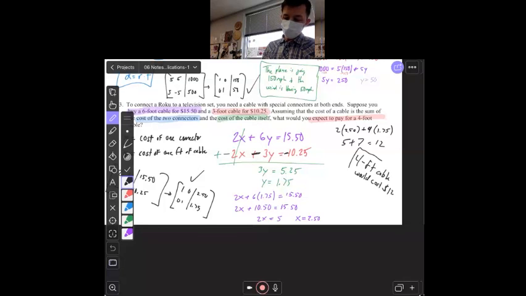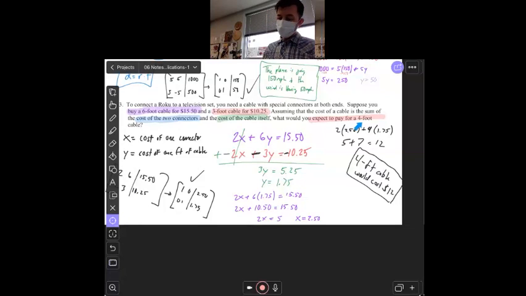A 4-foot cable should cost us $12. We're going to build a 4-foot cable. We need 2 connectors and 4 feet of cable. Just add that up.